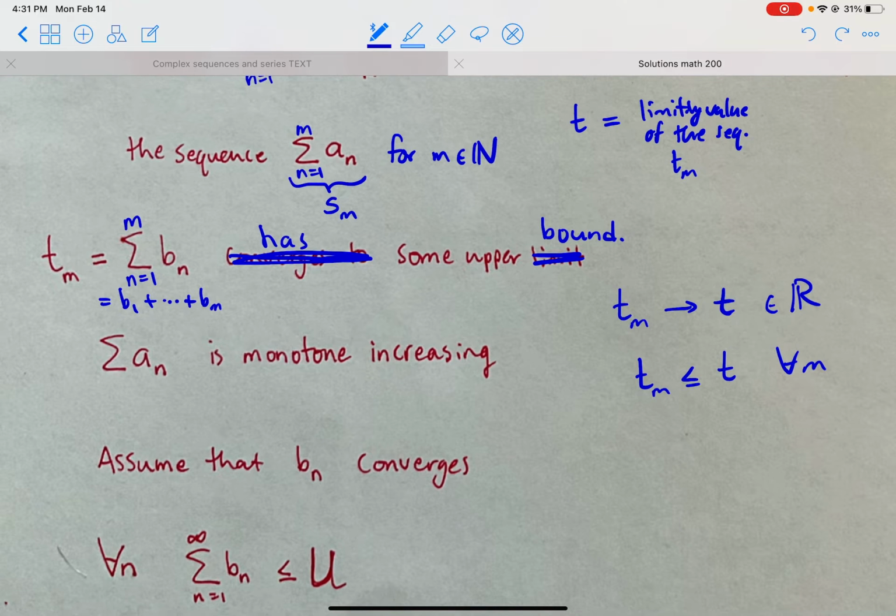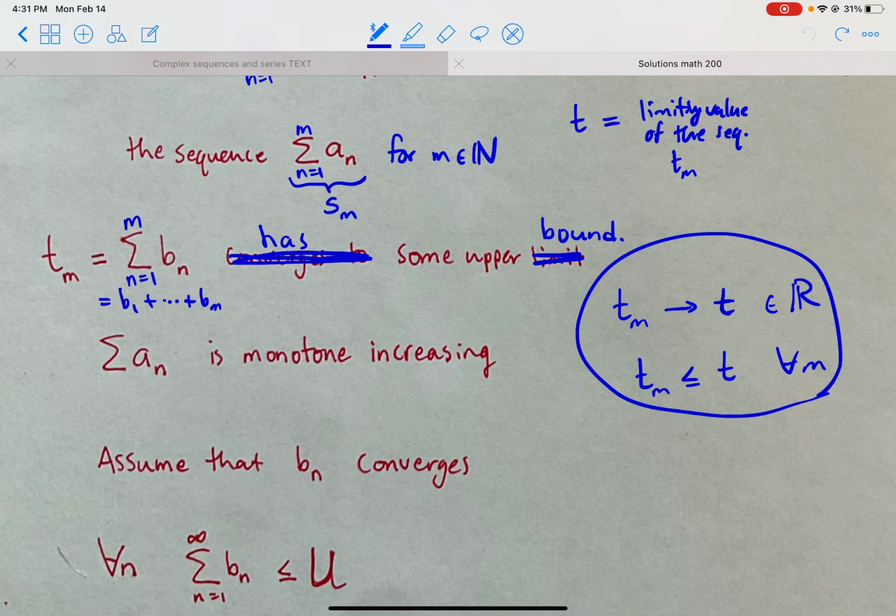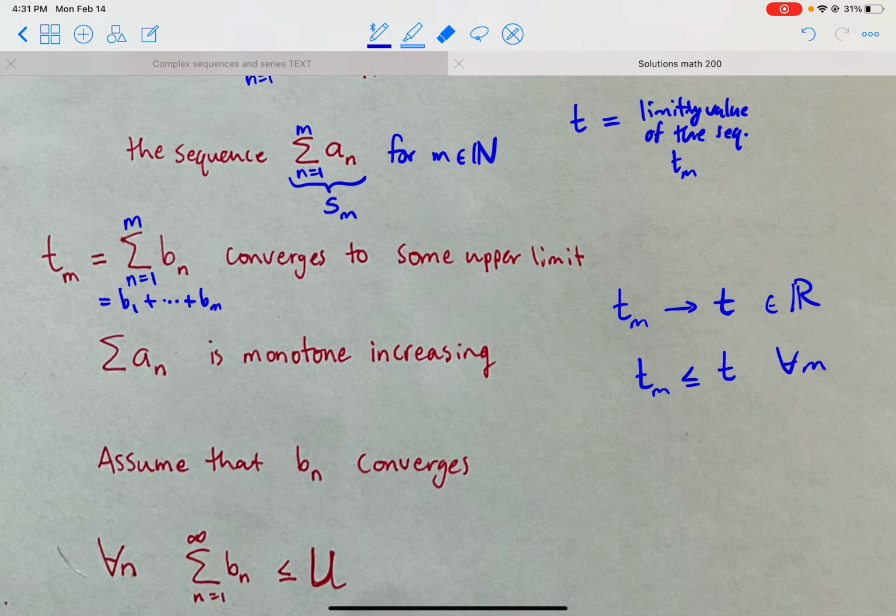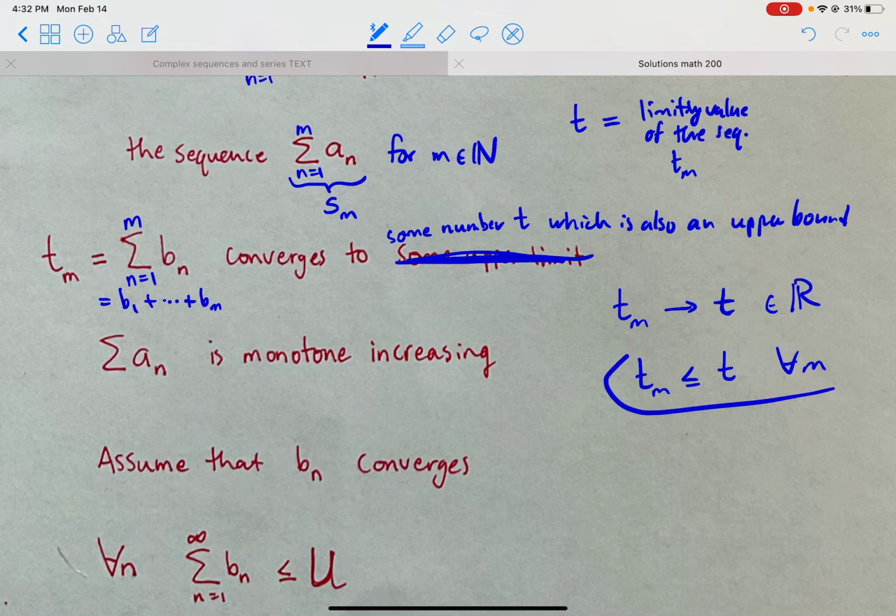But you'd have to make a little bit more of an argument to show that it converges to some number which is also an upper bound. And so I would say converges to some number t, and then I'd say which is also an upper bound, meaning that the t sub m are less than or equal to t for all m. And you'd have to argue that, which you could, because these are positive.